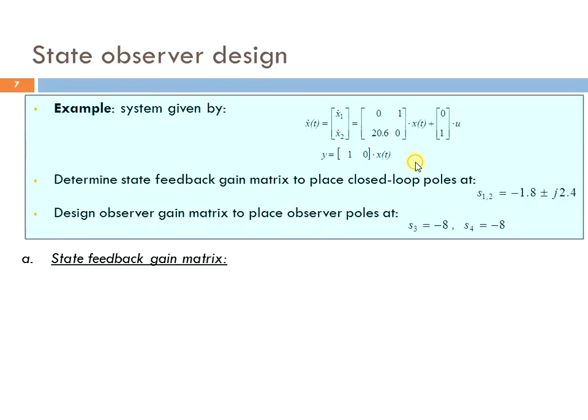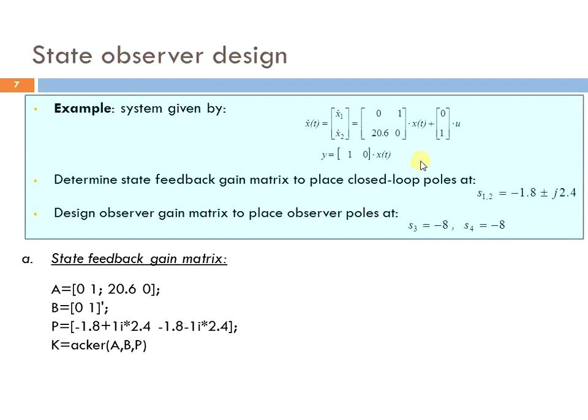Now we can probably begin by looking at the state feedback gain matrix design. This is what we spent quite some time on in the previous lecture. Because in this lecture our focus is on the state observer design, we are just going to look at how we can obtain the state feedback gain matrix from MATLAB.